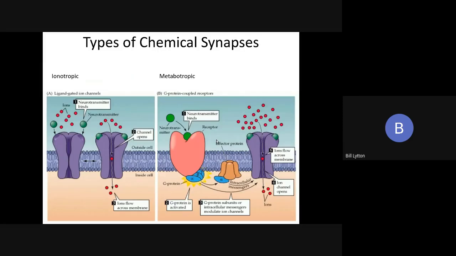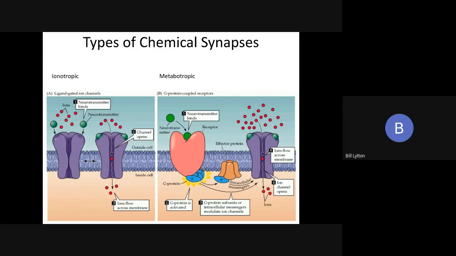Again, the types of chemical synapses include ionotropic, where we have direct passage of ions through pores, in a similar way to what we see with the voltage-sensitive channels, except these are not voltage-sensitive but are sensitive to a chemical, to a ligand.